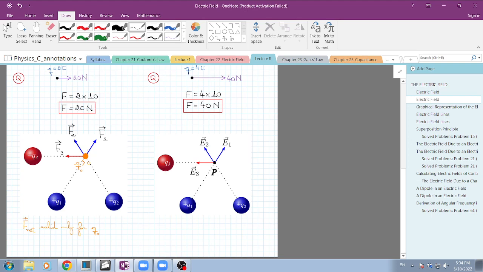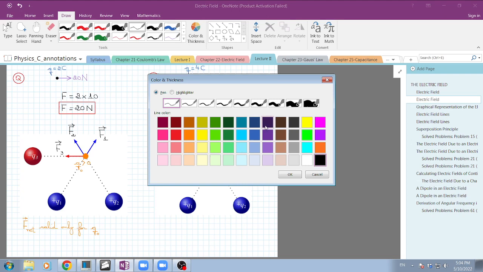And after this, you apply the principle of superposition, and then you get the net force on this particle.